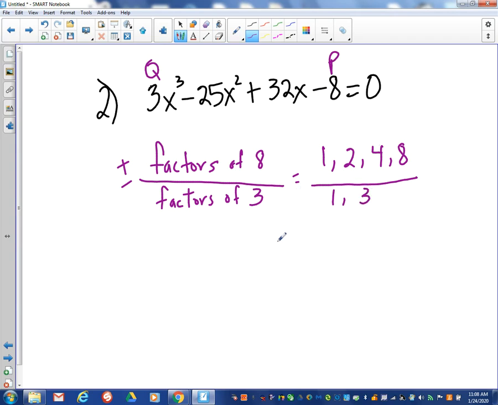When we list the possibilities, we have plus or minus 1 over 1, 2 over 1, 4 over 1, and 8 over 1. Then we do 1 over 3, 2 over 3, 4 over 3, and finally 8 over 3.